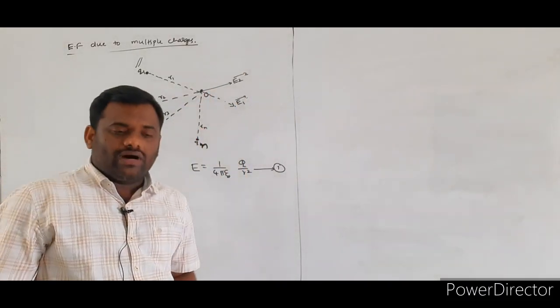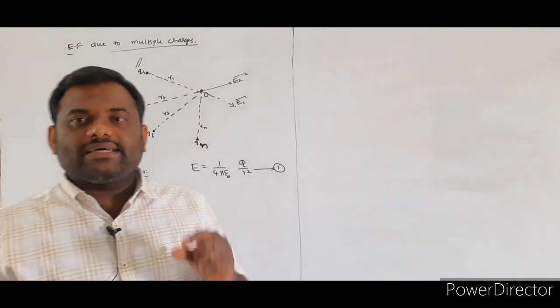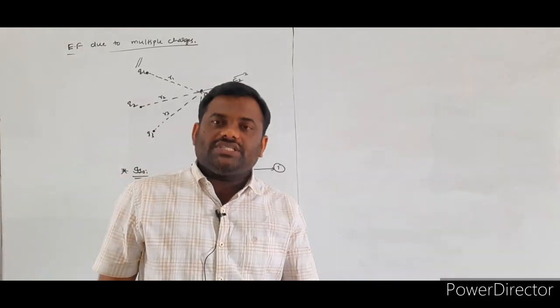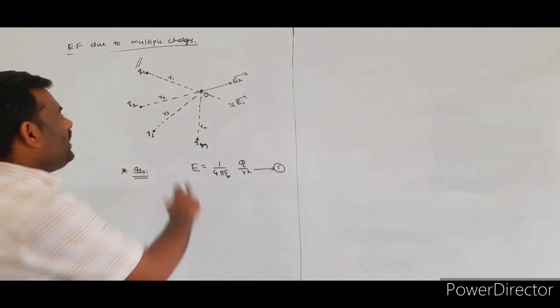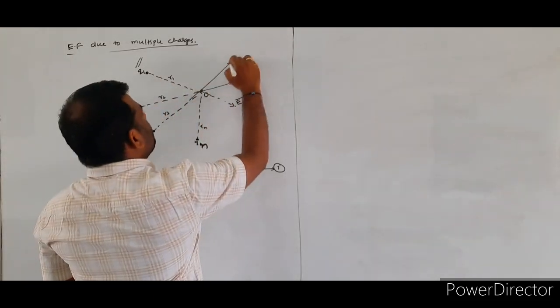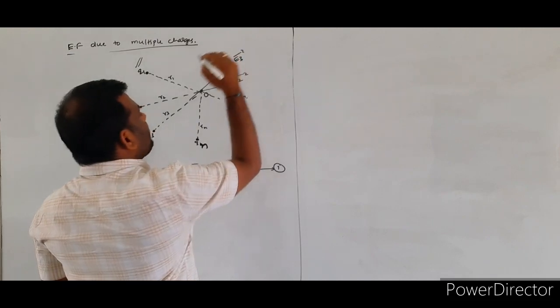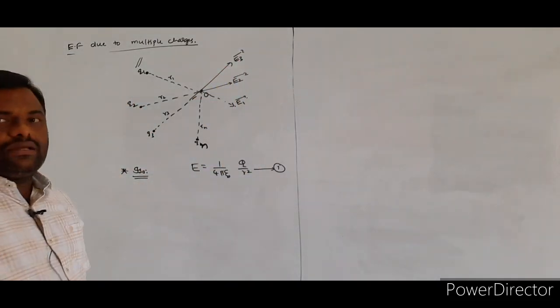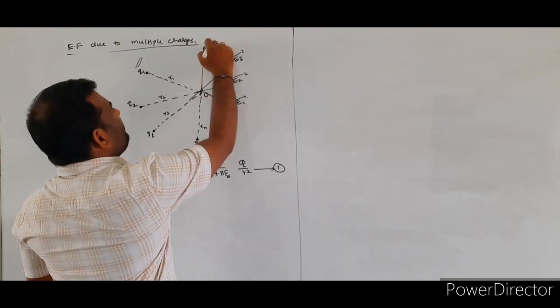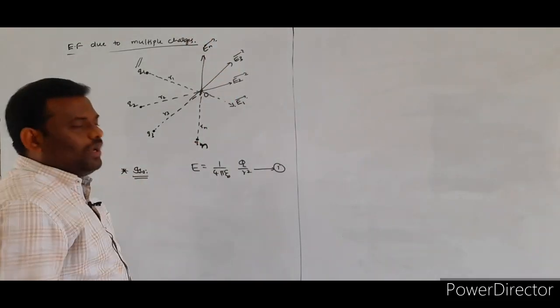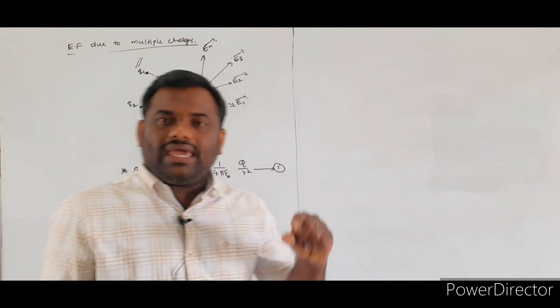E2 bar is indicating what? Electric field intensity produced due to the charge Q2 at the point O. Due to another charged particle Q3, the field acting at the point O will be represented by E3 bar. By the nth charged particle, the electric field intensity acting at the point O will be represented by En bar.